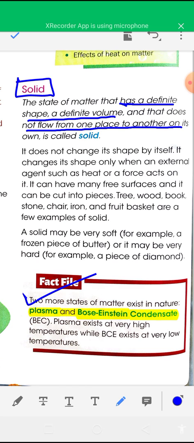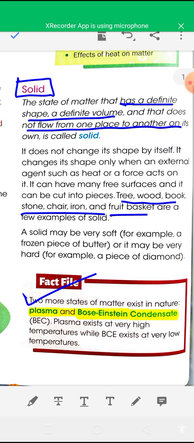And a solid can have many free surfaces, and it can be cut into pieces. Okay, now see examples of solids: tree, wood, book, chair, iron, fruit basket. All these are some examples of solid.